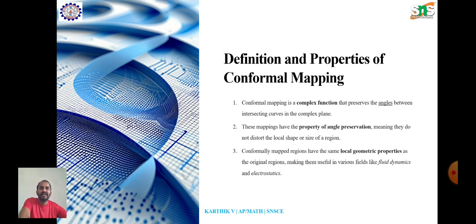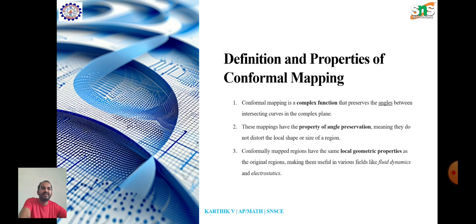Properties. Angle preservation. The fundamental property of conformal mappings is that they preserve angles locally. Differentiability. Conformal mappings are typically functions that are complex differentiable in their domain. Holomorphic functions.